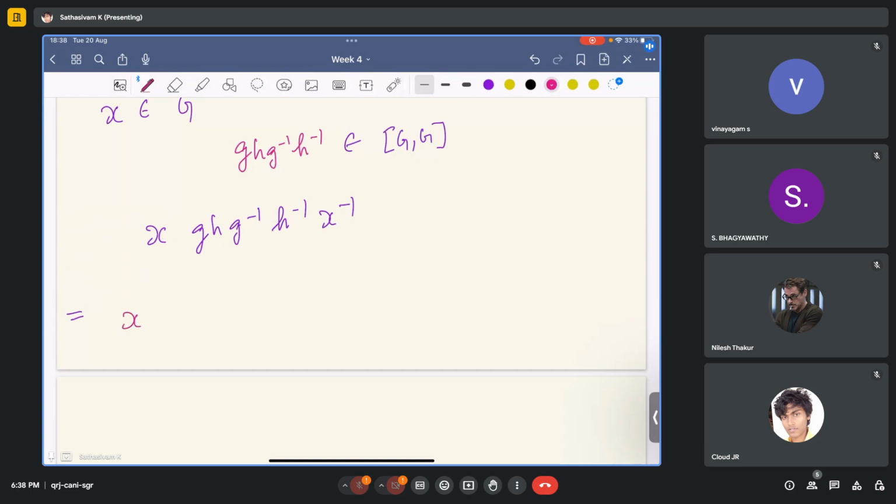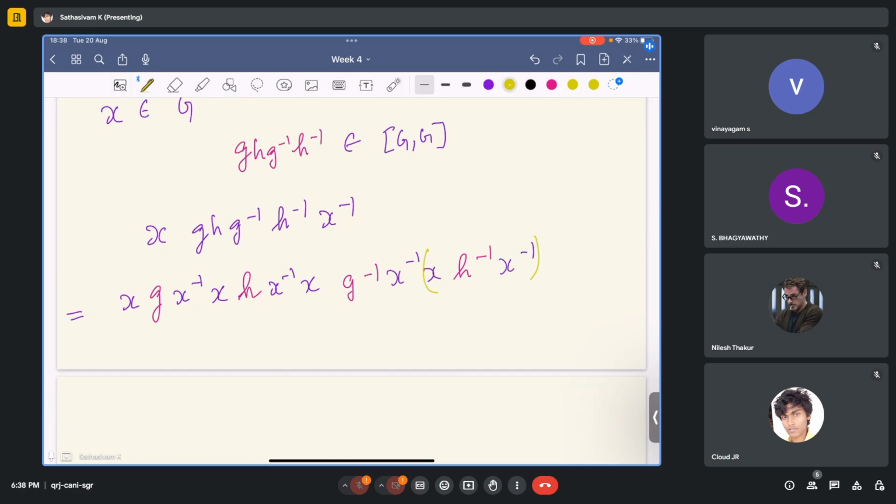Let me take x in a different symbol, g in a different color. So you take g and put x inverse x here, and you have an h here, and again write x inverse x. And you have again g inverse, put x inverse x, then h inverse, and then you have x inverse.